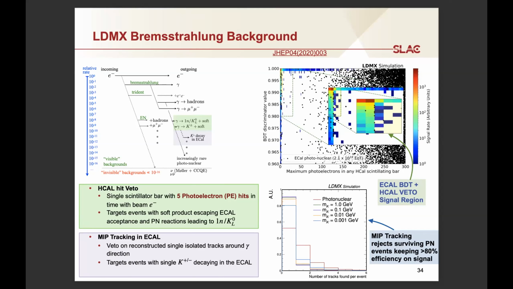Whatever is not removed by this is considered to be a kaon that decays in the ECAL. And this is identified by MIP tracking in the high granularity calorimeter.